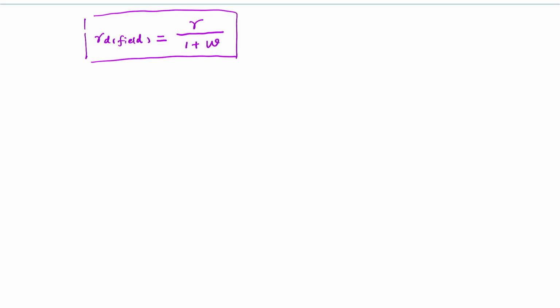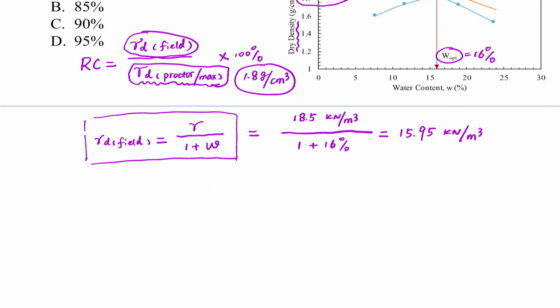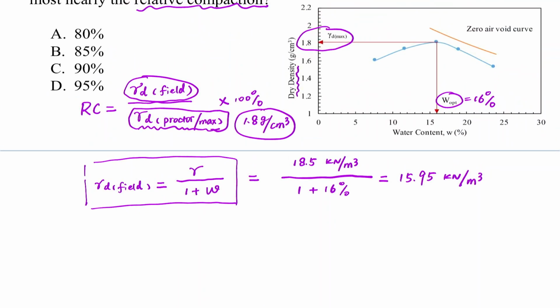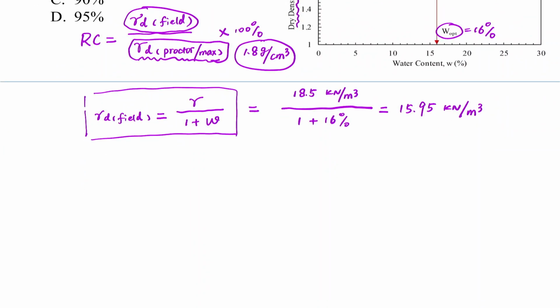So if you have that equation, then we're talking about 18.5 kilonewton per cubic meter. That is the moist unit weight over 1 plus 16%, the moisture content, and that would give us 15.95 kilonewton per cubic meter. So we figured out that, and then let's move on to the gamma d max, or the gamma d from the Proctor test.